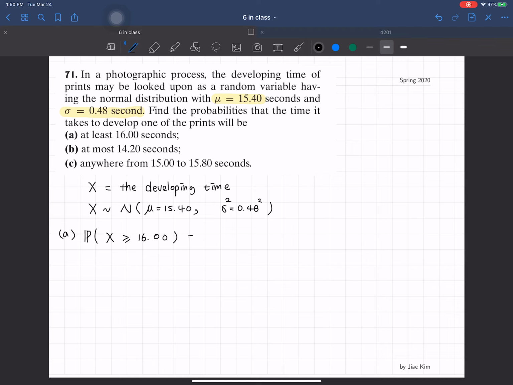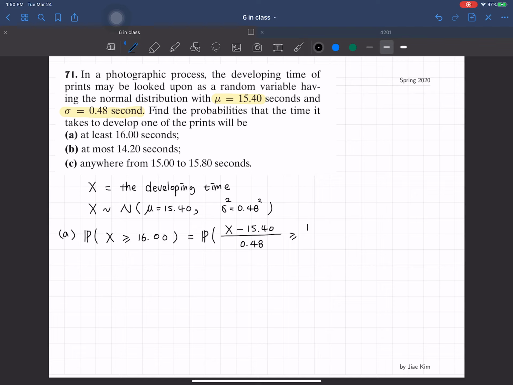Again, we are going to transform this normal random variable X by shifting by its mean, 15.40, and rescaling by its standard deviation of 0.48.